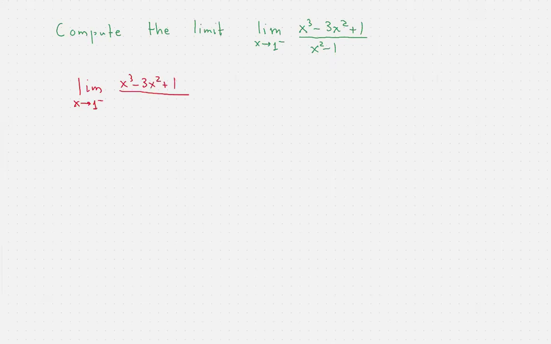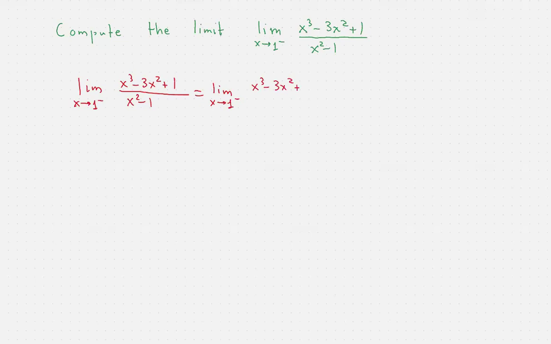So in particular, to do that, we want to completely factor out x minus 1, which is responsible for giving 0 on the denominator. So we will get (x - 1) times (x + 1).